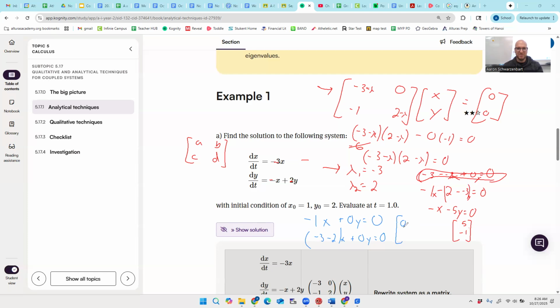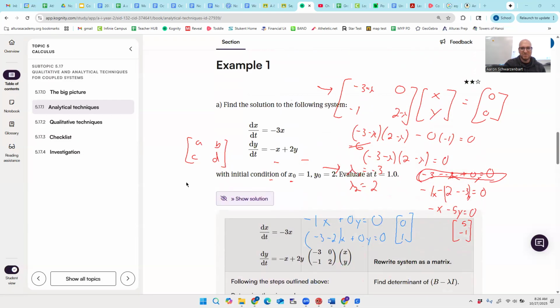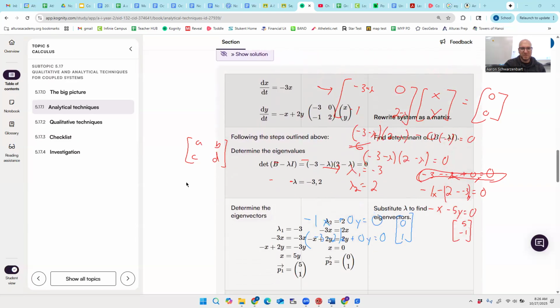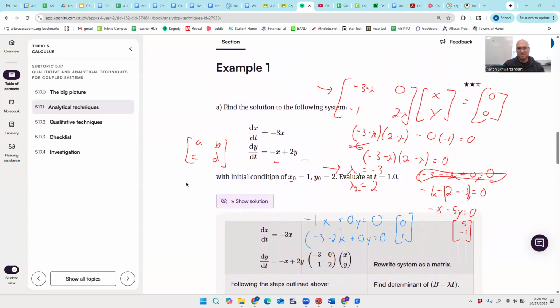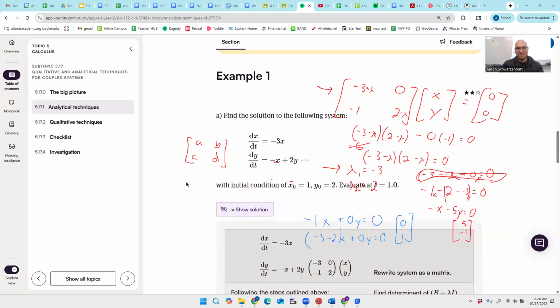X in this case has to be 0 for this to work, doesn't it? And we'll just use 1 for the other one. Let me double check my other eigenvector. Yes. Wait, they got positive 1? Oh, I was dumb here. This is supposed to be positive 1. That's a plus. I don't know why I made it a minus.